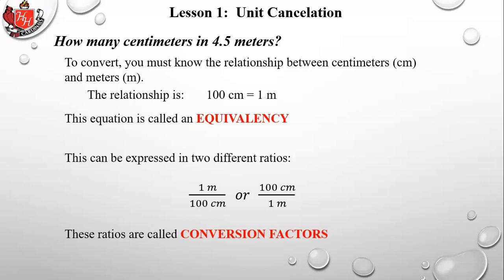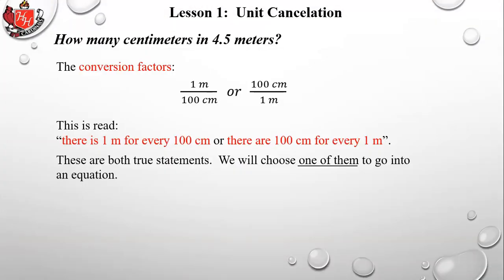They're both true statements. By the way, there's a word that we use, per, P-E-R, which means for every. So you could read this 1 meter per 100 centimeters or 100 centimeters per 1 meter. And those are called conversion factors. So the conversion factors are 1 meter per 100 centimeters or 100 centimeters per 1 meter.